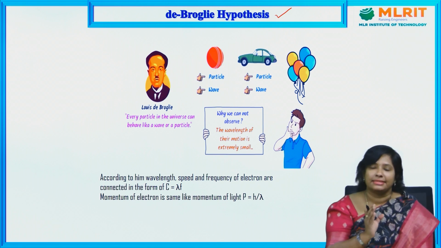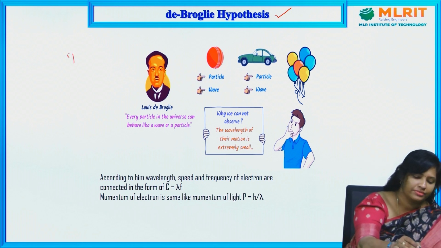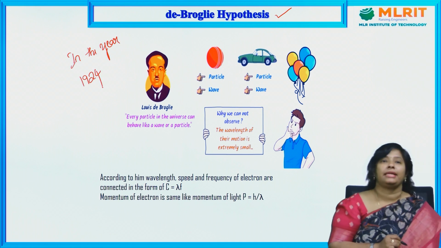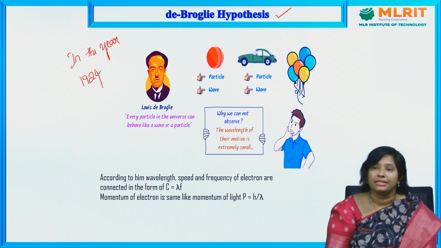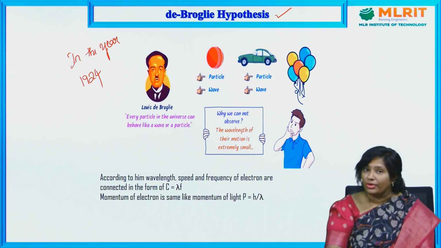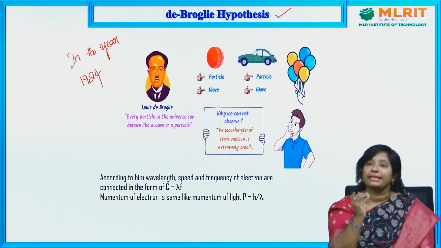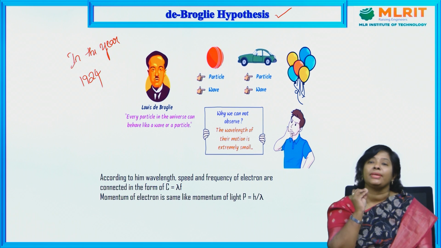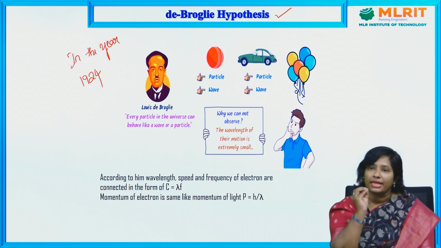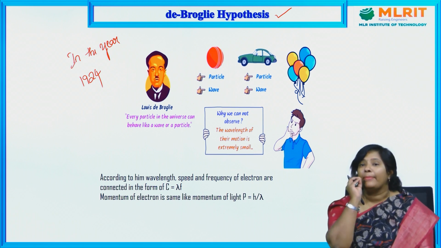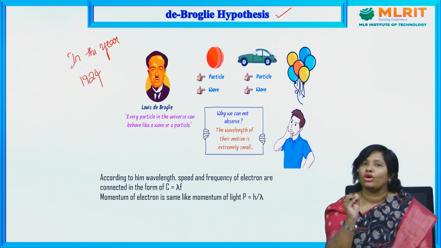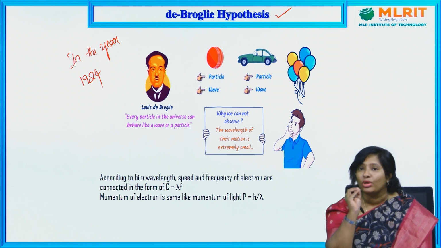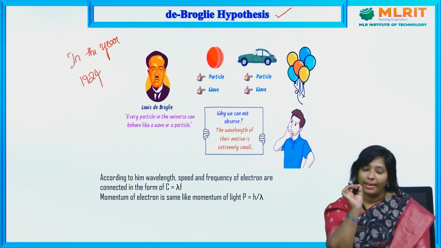In the year 1924, Louis de Broglie stated in his PhD thesis that a particle like an electron behaves like both a wave and a particle.